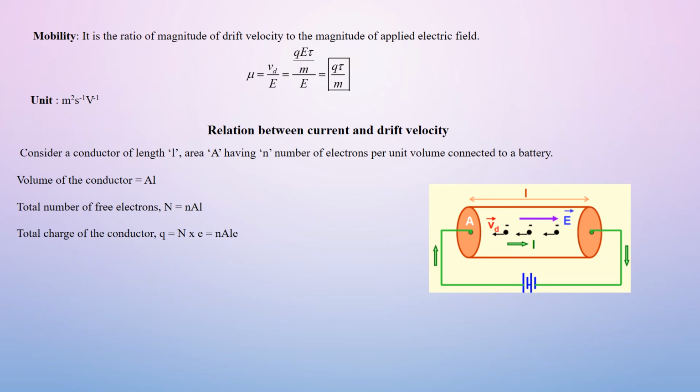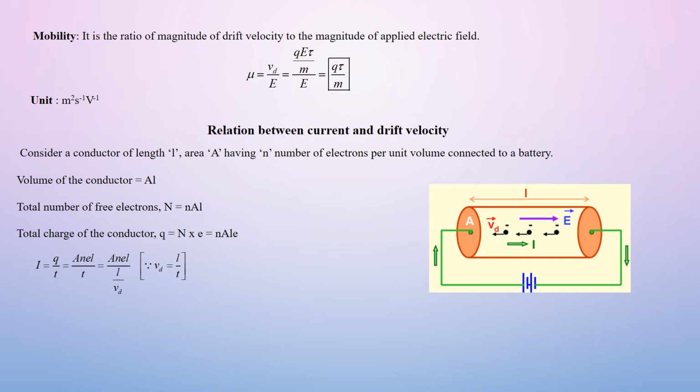According to the quantization of charge, Q is equal to Ne. So what we are getting? Q is equal to nALe. I hope you remember I is equal to Q by t. We put the value of Q and we put the value of t. Now how did we get this value of t? Children, do you remember velocity? Velocity is distance or displacement upon time.